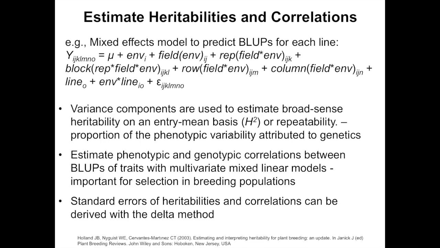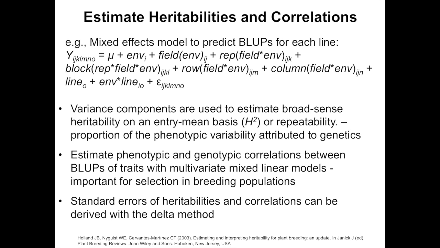So one way to look at the quality of your phenotypic data that's being collected is to calculate the broad sense heritability on an entry mean level, or it can also be referred to as repeatability. So you want to know what is the proportion of the phenotypic variation that is attributed to genes, i.e. quantitative trait loci, in a particular genome or in a particular population.